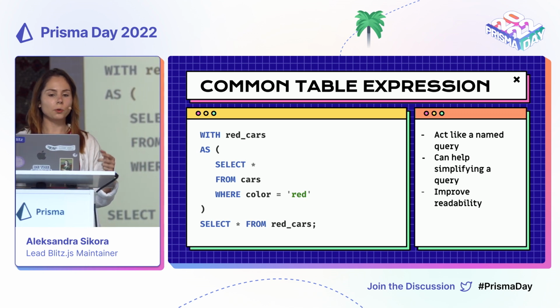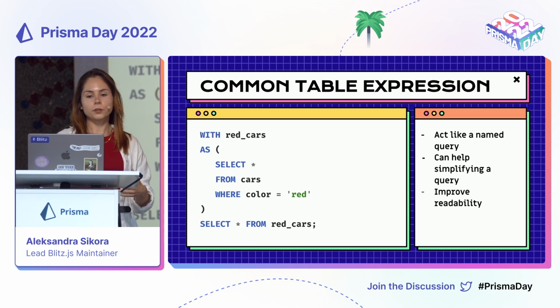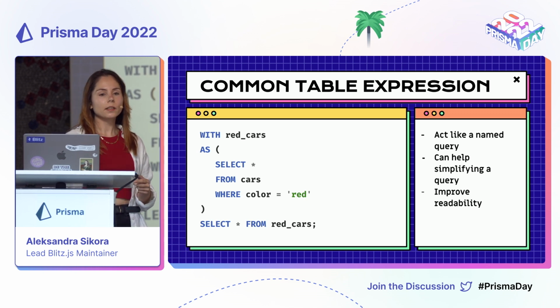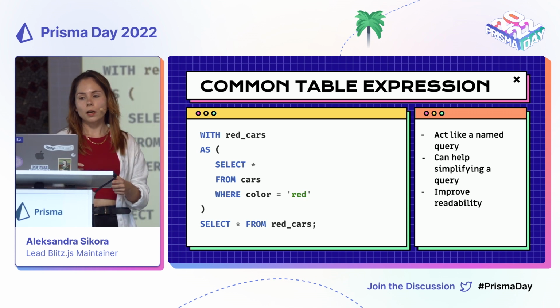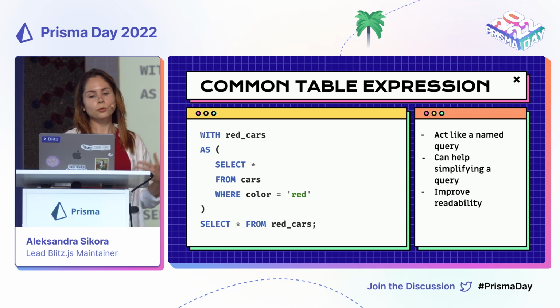We have the with keyword, and we declare the name of the common table expression. I have red cars. And then inside of it, I have a query. You can think of it like a named query that will produce a virtual table.